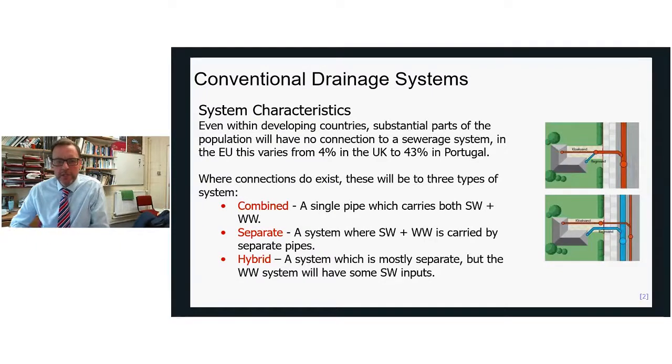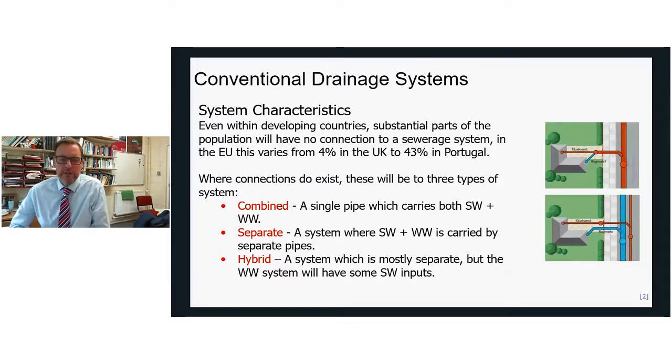So we did indeed speak last week about the different kinds of sewer systems we have. These are combined systems where we have the flows from inside properties, the foul flows, and also rainwater combining together into a single pipe, which hopefully goes all the way to the treatment works. We have separate systems where the foul flows and the rainwater are kept separately.